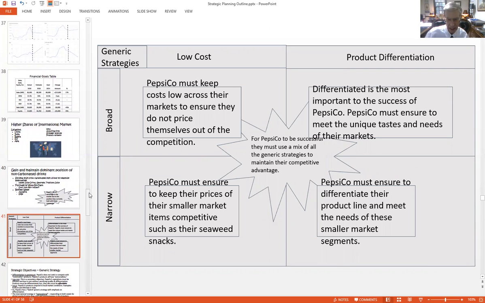At the end of the day, what we need to do to get into strategy is to talk about the objectives of strategy itself. So do we have the intent to get costs down across the board? Do we intend to get costs down in a particular market segment?